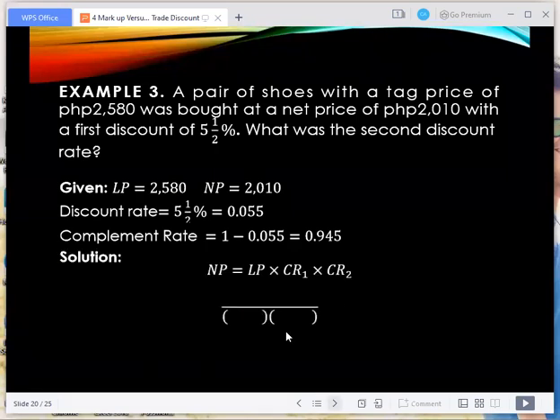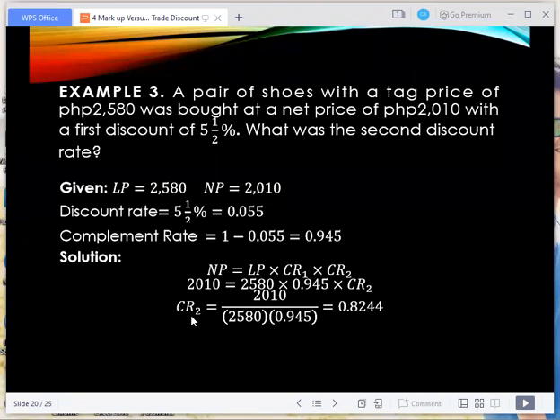Using our formula, we know that the net price is equal to the list price multiplied by the first complement rate times the second complement rate. We know the first complement rate because you are given a 5.5% discount rate. What we want is the second complement rate. So to solve for this, you multiply both sides of the equation by 1 over LP times CR1 so that it will be canceled out here.